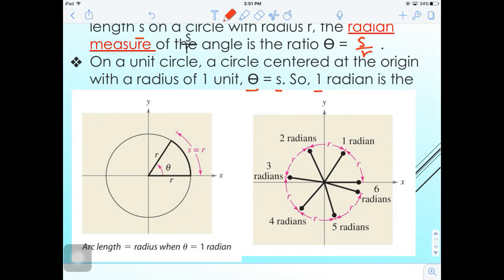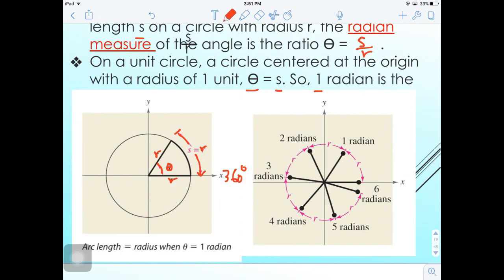So basically, it's saying that this angle is represented by theta, and since this is the radius and that is also the radius, the arc length s, from here to here, is also equal to the radius. So if you chop up the circle, which has 360 degrees, into radians, remember radian is a new unit.